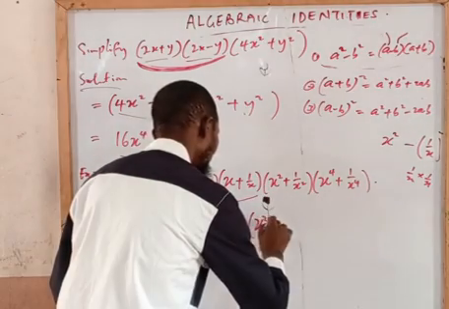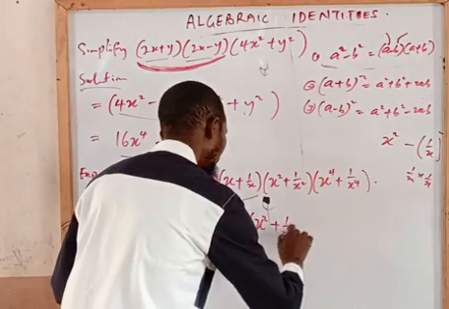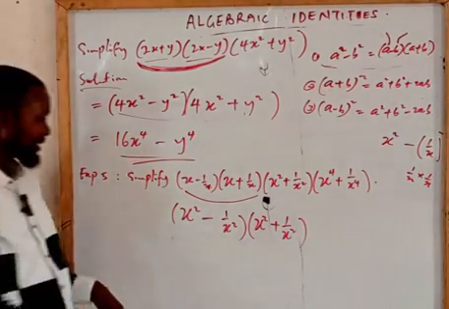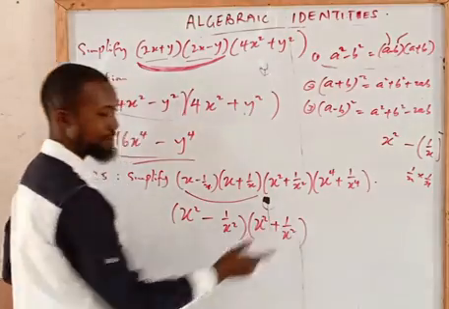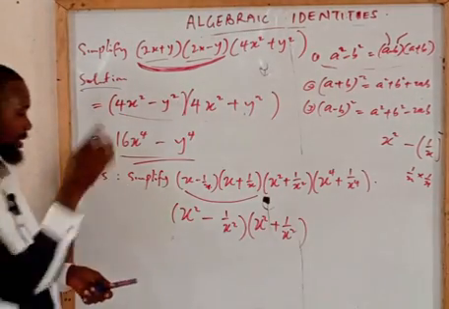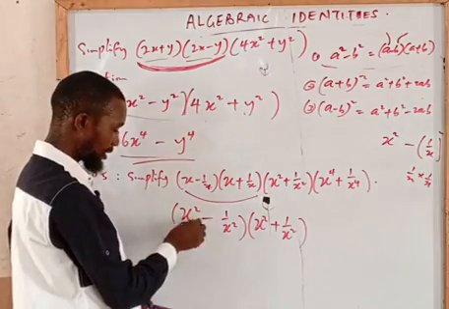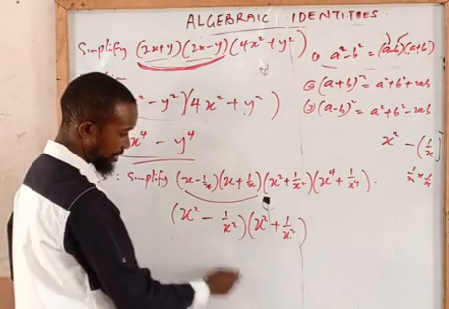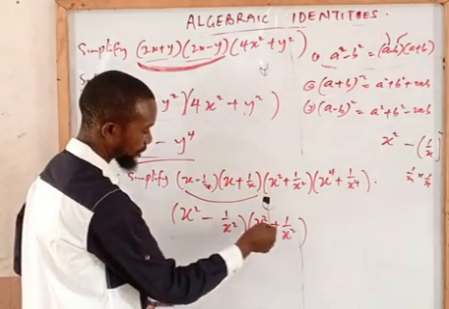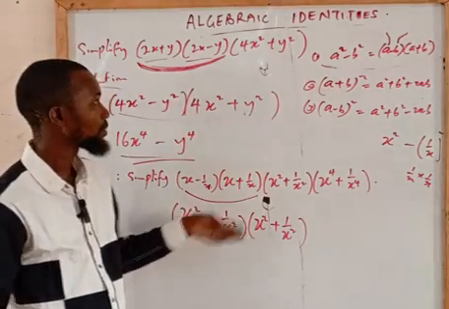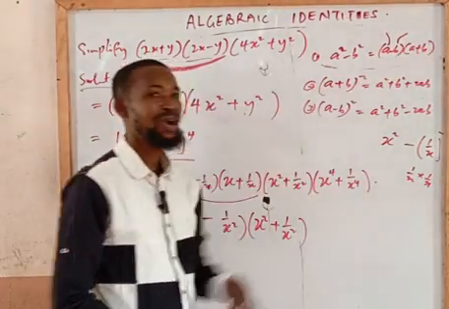So what we have here is x plus 1 over x squared. We don't need to waste much time here again. We can see exactly what we have here is what we have here. The only difference between the two is that in the first one, minus was used to separate this term and this term, while here plus was used, meaning that it follows the pattern of our identity 1 here.